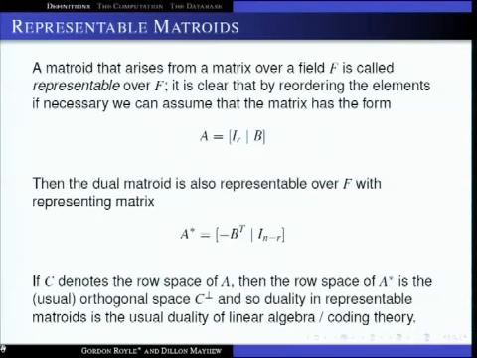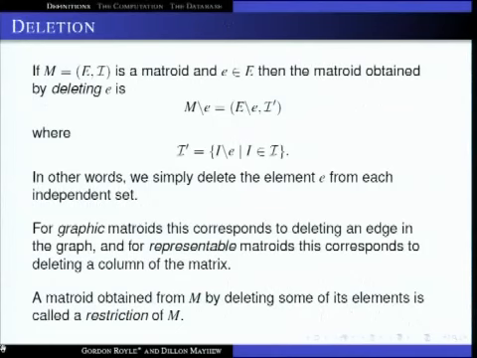You might have to do some column shifts. And the dual is just this matrix, and that's very familiar. If this is a generator matrix of a code, then this is the parity check matrix of the same code. And so the row space of this matrix is just the orthogonal dual of the row space of this matrix. And we're all happy. So duality in representable matroids, the ones that do come from matrices, is just what you want it to be.